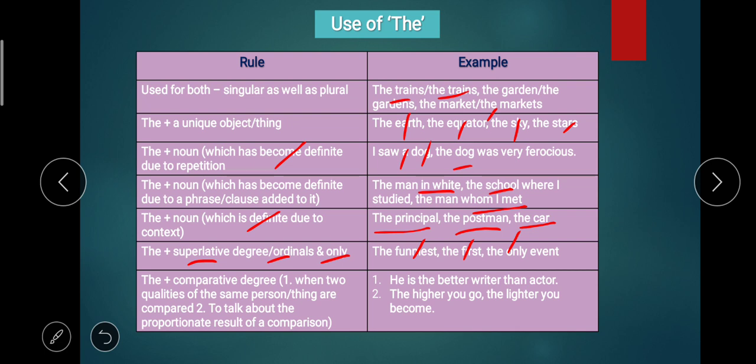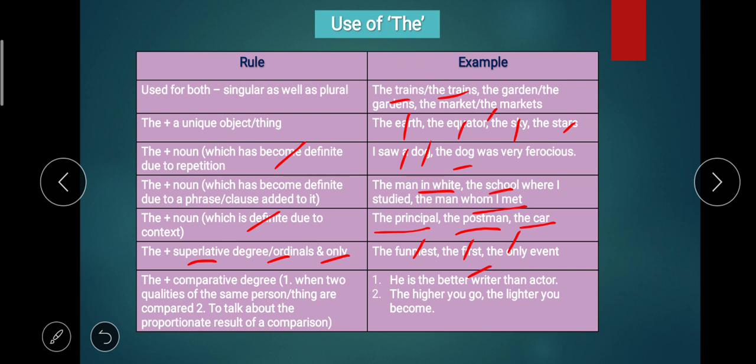The first situation is when we talk about two qualities of the same person. Be careful. When we compare the same quality of two different people, we don't use "the." But when we compare two qualities of the same person, then we use "the" with the comparative degree. Example: He is the better writer than actor.